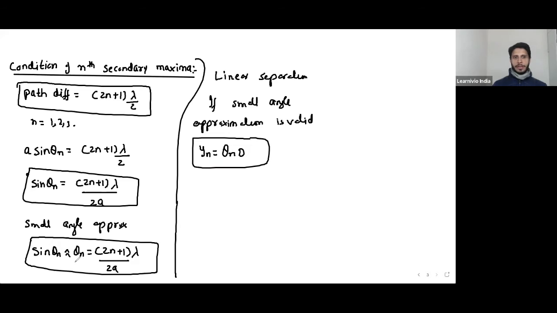So for theta n, you can substitute from here. So your yn comes out to be (2n plus 1) lambda divided by 2a multiplied by d. So this is your y, separation of nth fringe from the center: (2n plus 1) lambda d by 2a.